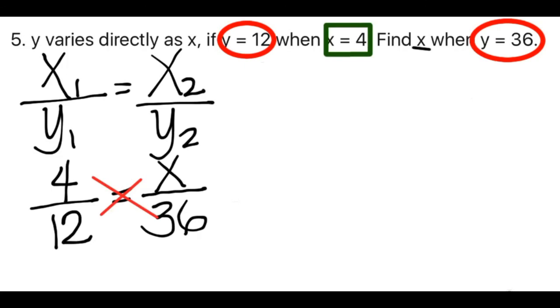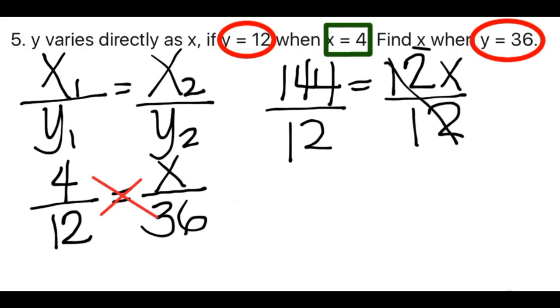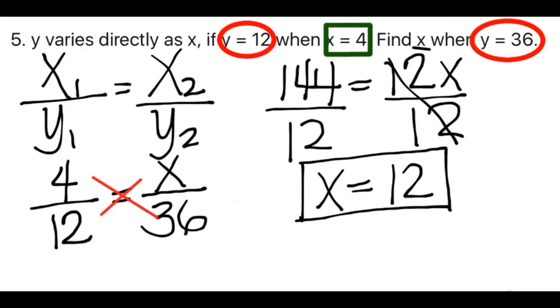So, 4 times 36, we are going to have 144 equals 12 times x, so that is 12x. And for us to remove the 12, we need to divide both sides by 12. So, cancel it out. 144 divided by 12. So, the value of x is 12. So, we also got the same answer, but we used another method.